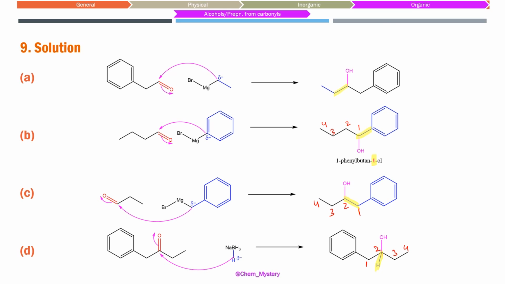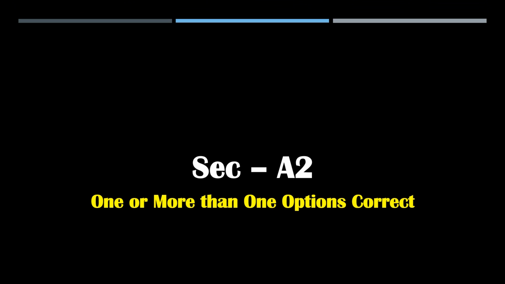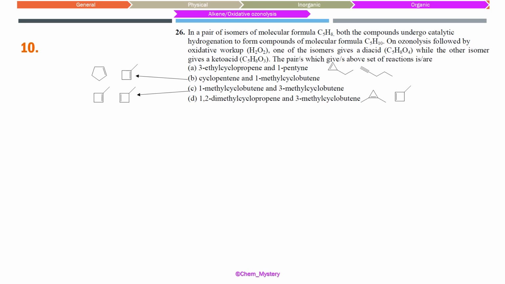That was the last question in our section 1. Now we'll be taking the questions from section number 2, where we have got one or more than one correct options. The first question over here is about the oxidative ozonolysis of different alkenes or possibly alkynes. The products are given and the reaction sequence.